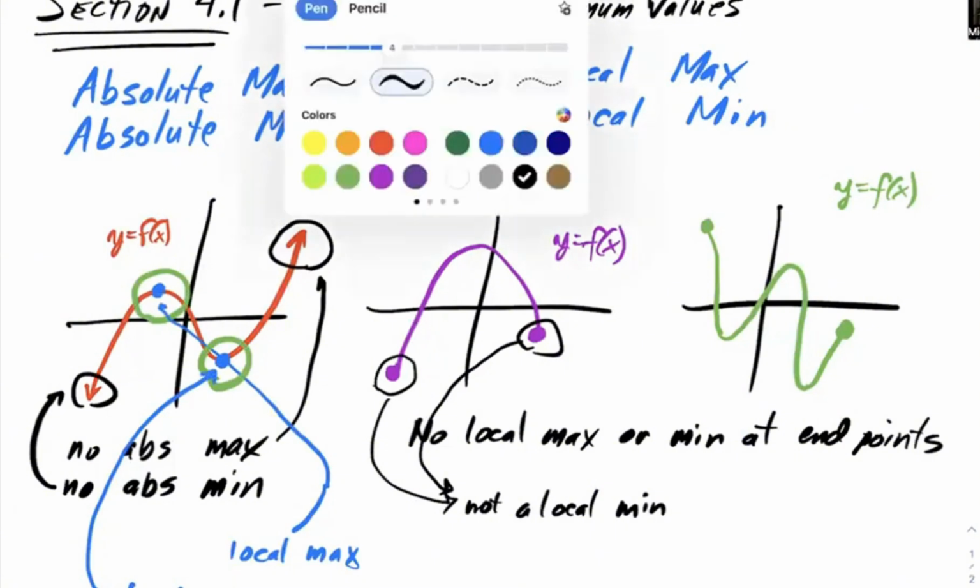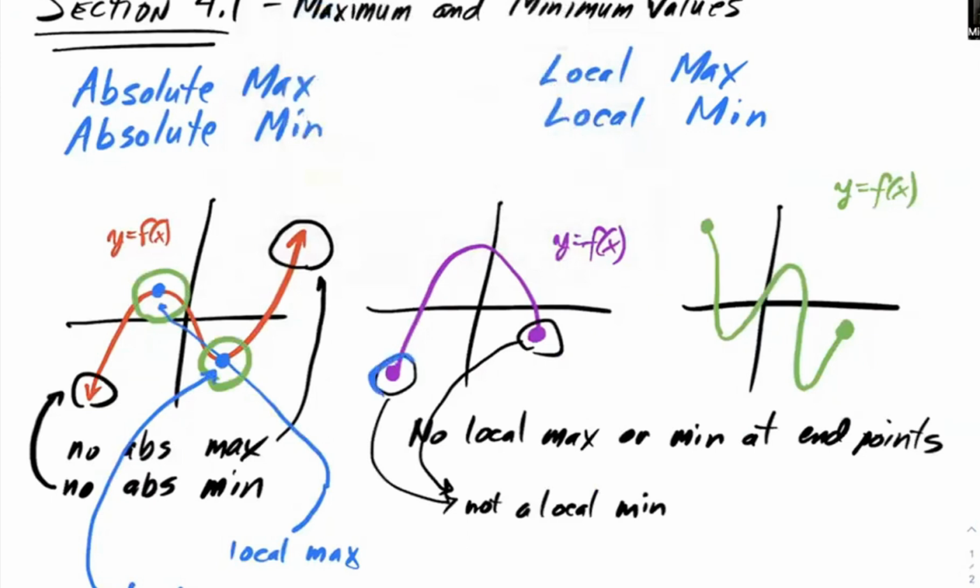If I use blue here, this point here is going to be an absolute min because if I draw the circle around it, the smallest value on the curve is inside that circle, that purple point, and even if I didn't draw the circle, it is the smallest point, minimum value for the curve.